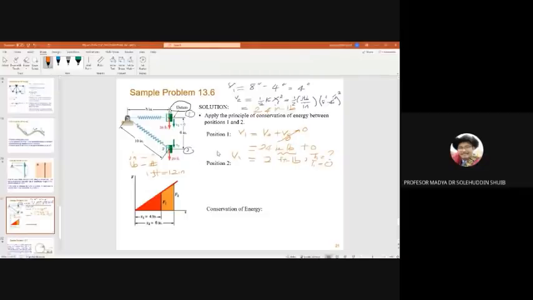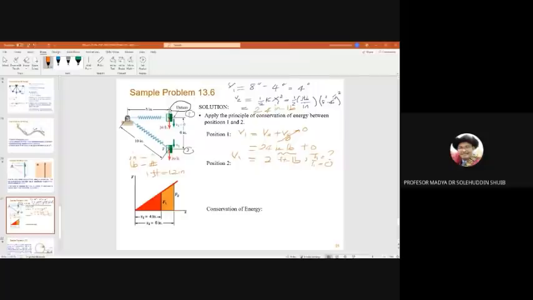So we have here position 2. For position 2, same thing. We have to look at the elongation of the spring.